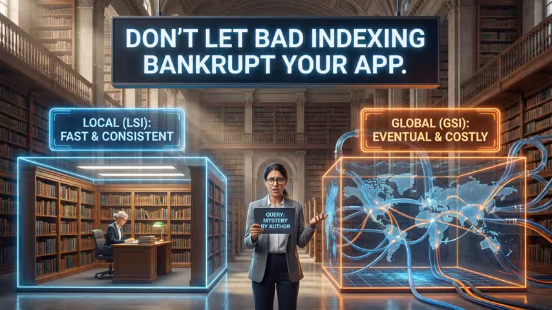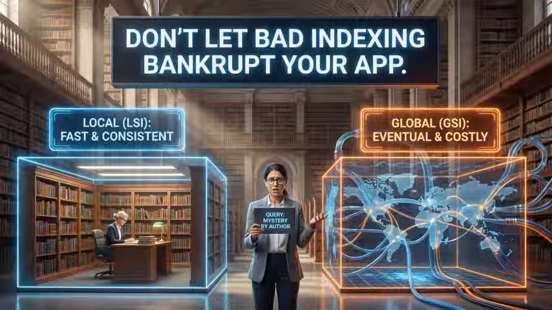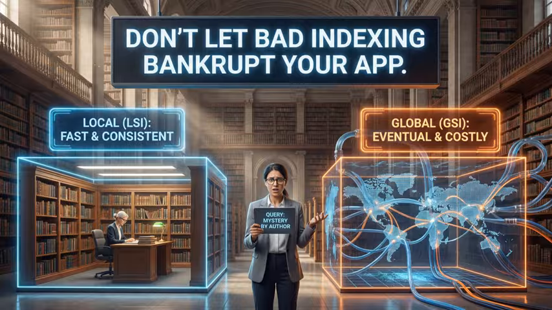When to use LSIs. They're perfect when you have multiple query patterns within the same partition key. Say you have a user data table partitioned by user ID. You store actions for each user, sorted by timestamp by default, but you also need to query a particular user's data by action type or status.